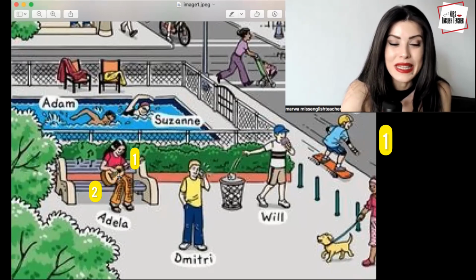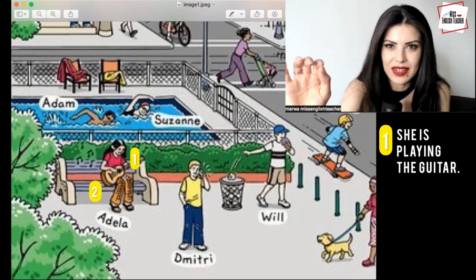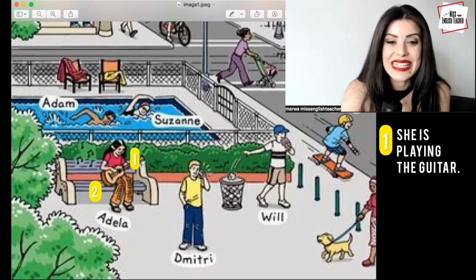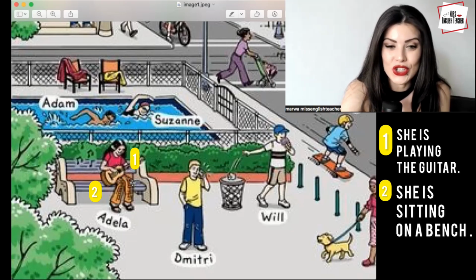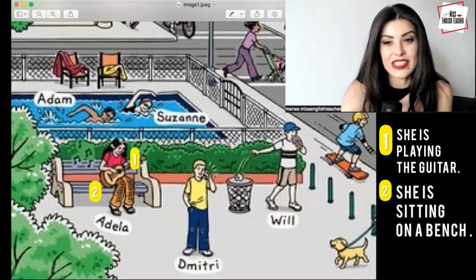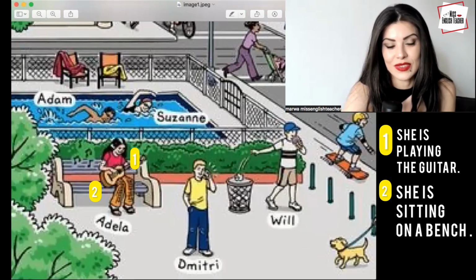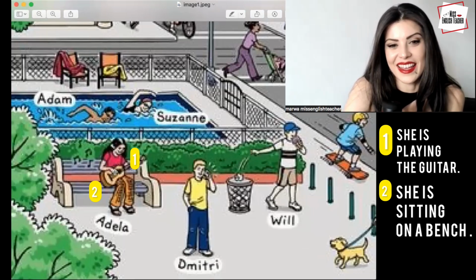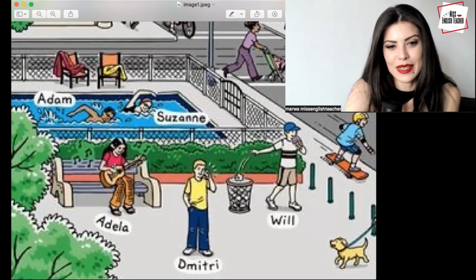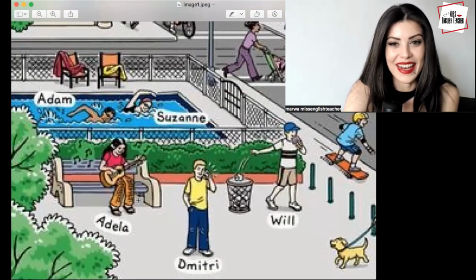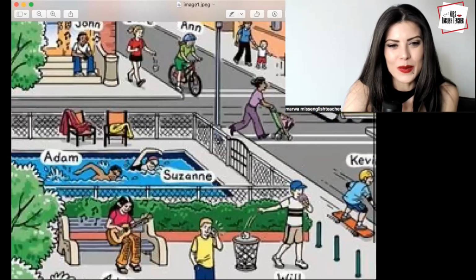So Adela is playing the guitar and she's sitting on a bench. She has long black hair. Okay. And Adela seems to be pretty young. Maybe she's gonna be the next Adele. What about Suzanne and Adam?